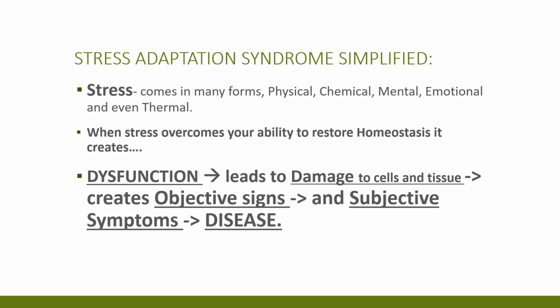How about chemical stress? Environmental chemicals, internal chemicals, foods, chemical exposures. There's all different types of chemical, or lack of having the right chemicals in your body. When we talked about enzymes, if you don't have those 9 essential amino acids, you're going to have a chemical stress in your body. So your diet can literally throw off your whole body system. Mental, of course, emotional, but then there's also thermal.